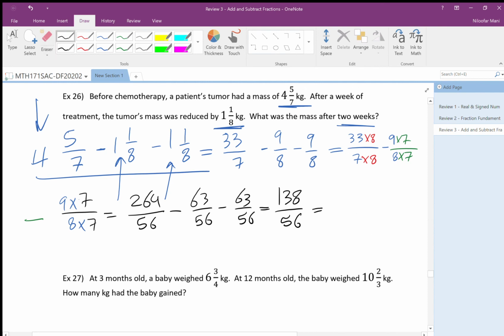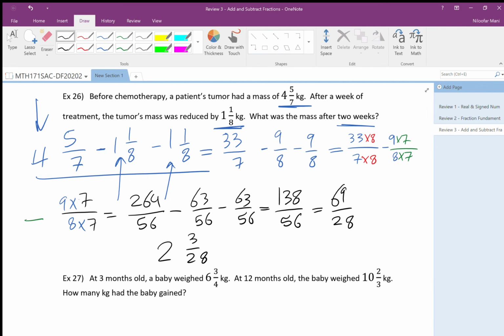So 138 divided by 2 is 69 over 28, if I'm right. Yes. How many 28s do I have there? So 2 and 13 over 28. Okay, kilogram.